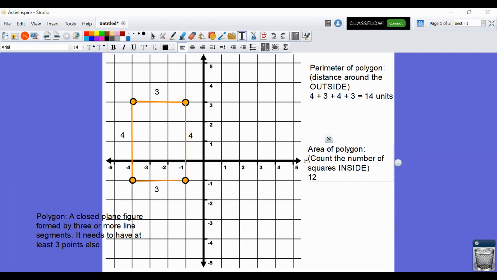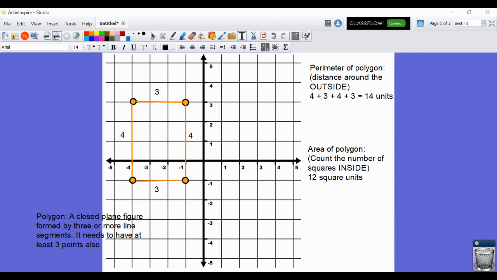So the area of our polygon, or our rectangle, is 12 square units. Remember, area is always square. We could also do length times width. 4 times 3 is 12. So when you have a regular polygon, you could use the formulas to find area. If you have an irregular polygon, then you would just count the squares on the inside.